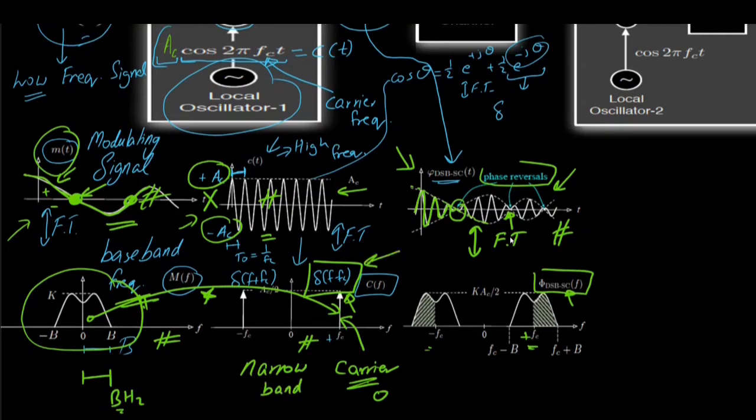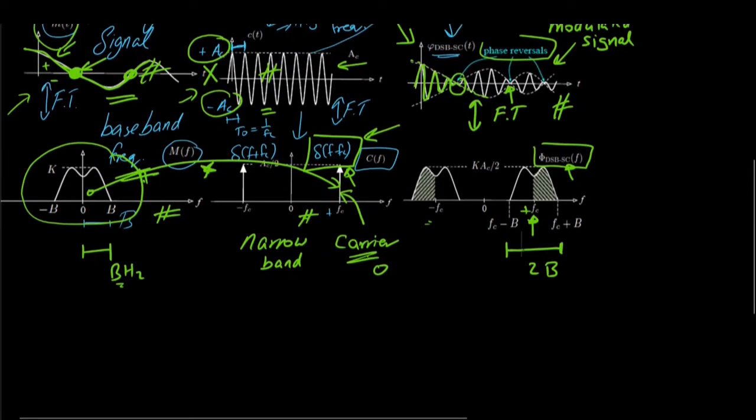The bandwidth of the carrier is simply zero, whereas the bandwidth of the modulated signal is from this point until this point, that is 2B. So this is our carrier frequency fc, fc plus B and fc minus B. By transmission we have increased the bandwidth of the passband.